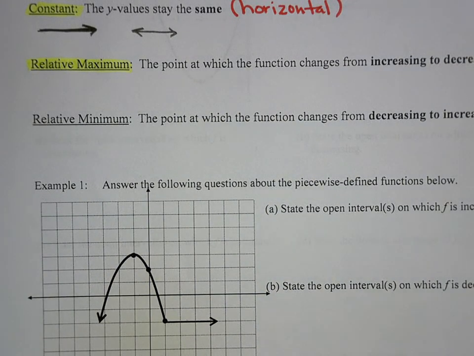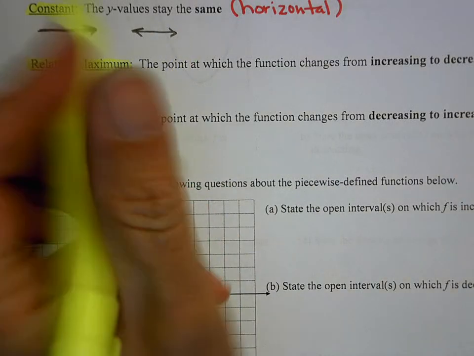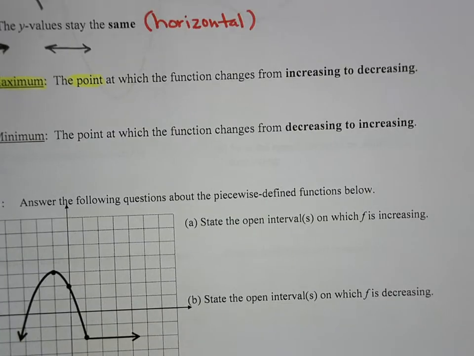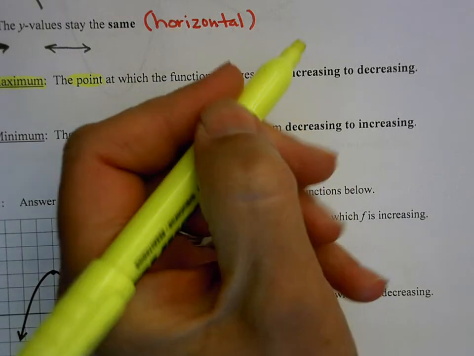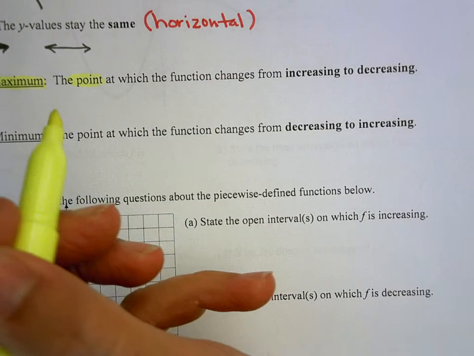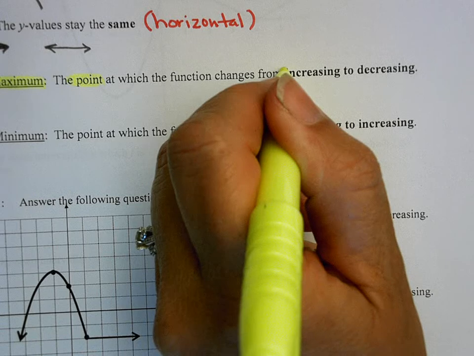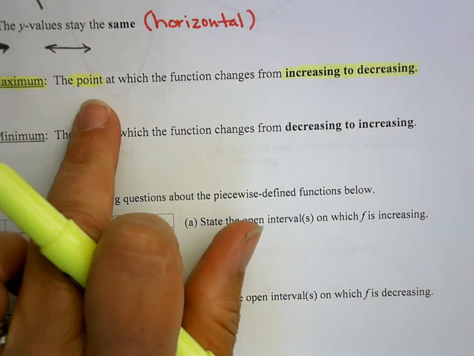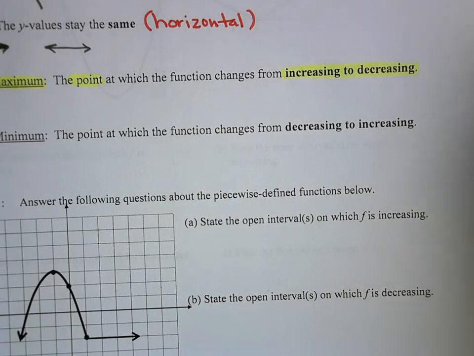So when do we have a relative maximum? A relative maximum occurs at a point, like an ordered pair, at which the function changes from increasing to decreasing. That is very specific. We have a relative maximum when the graph goes from increasing to decreasing, and it occurs at that particular point.